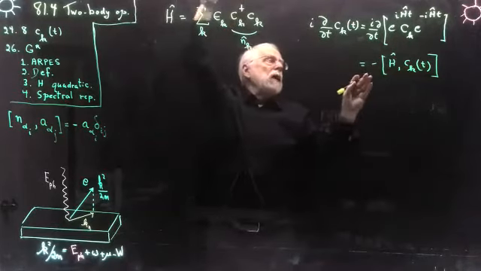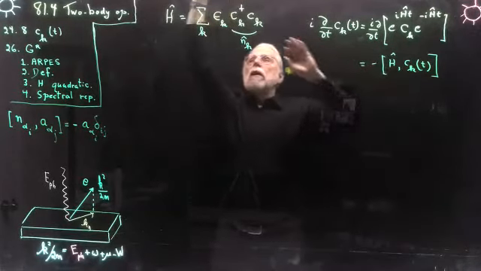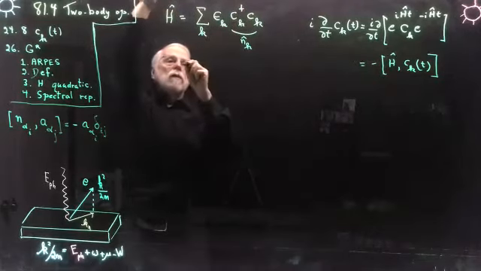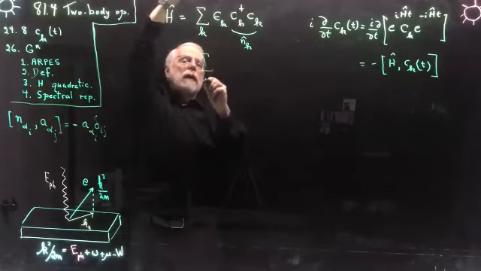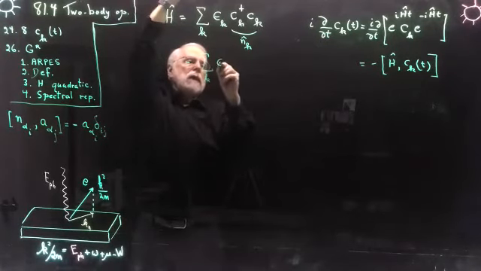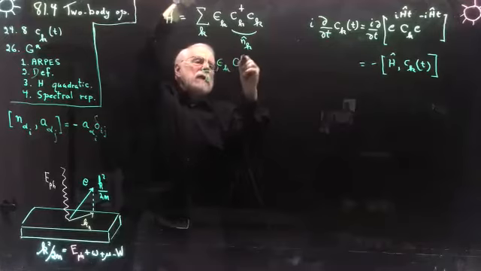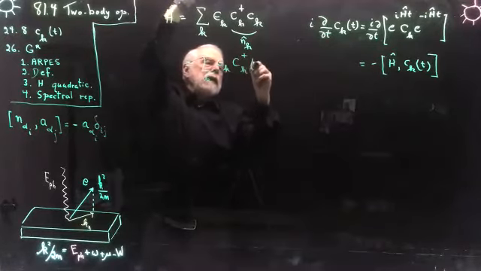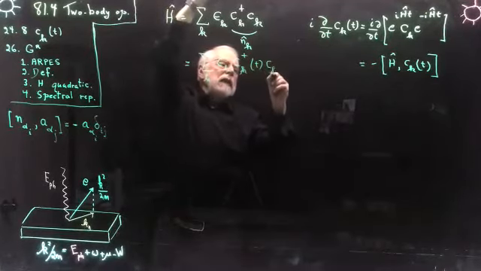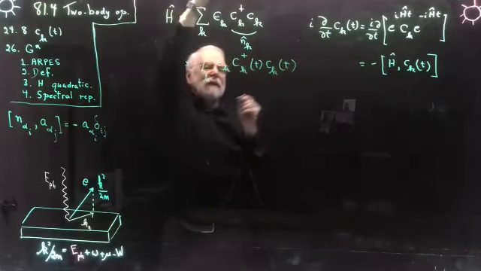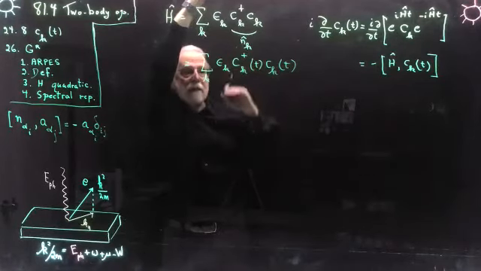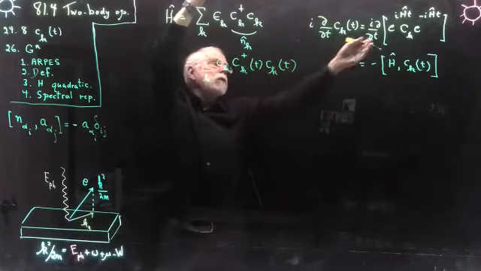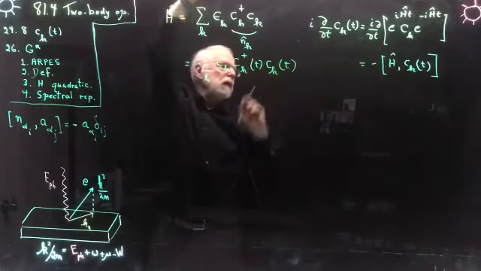Now H commutes with itself, and so it does not evolve with time. So I can write this as epsilon k of c dagger k at time t times ck at time t. Is it okay? Because H is time invariant, and you can also just do this algebra and find that it works out.